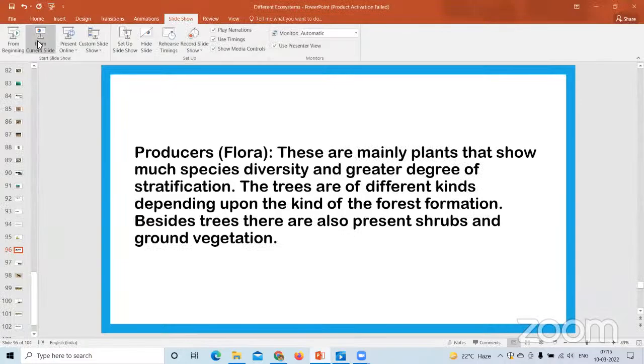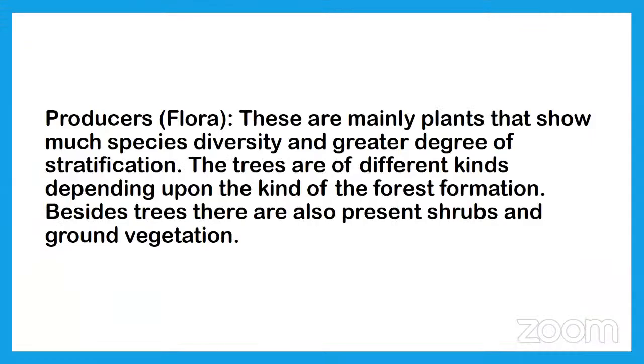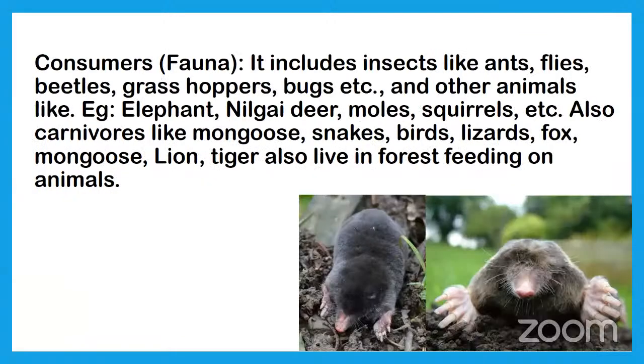We can find various kinds of producers in the forest ecosystem. Okay. The consumers present in the forest ecosystem are of different types, as I told you. Various kinds of animals are present in the forest ecosystem, like elephant, nilgai, deer, mole. Here you can see the mole.